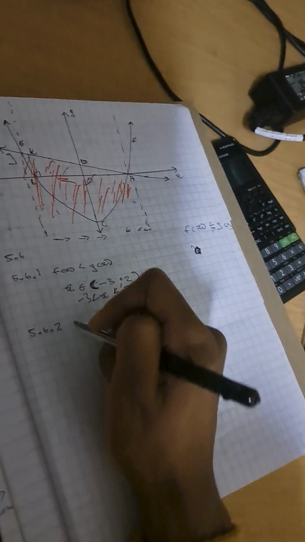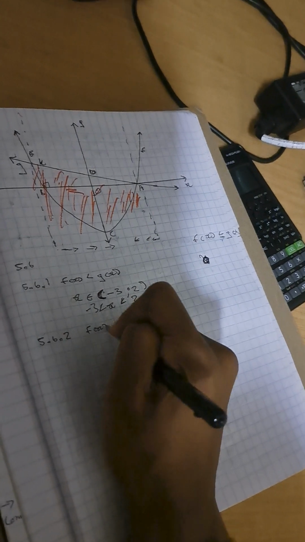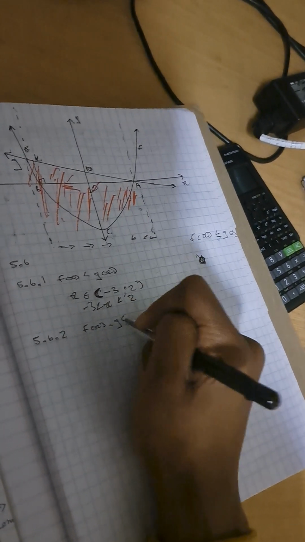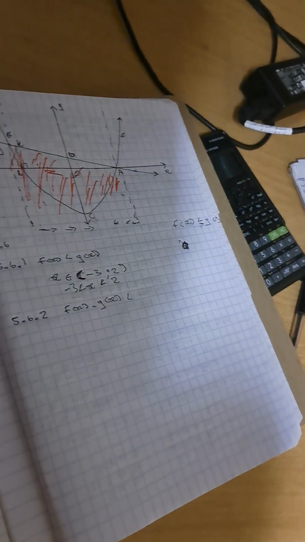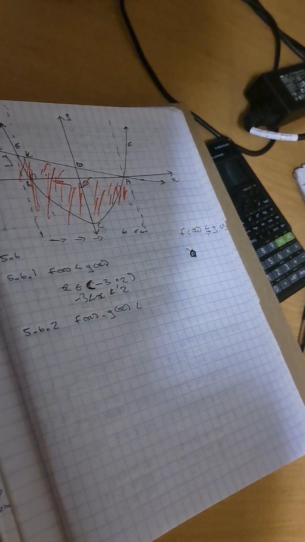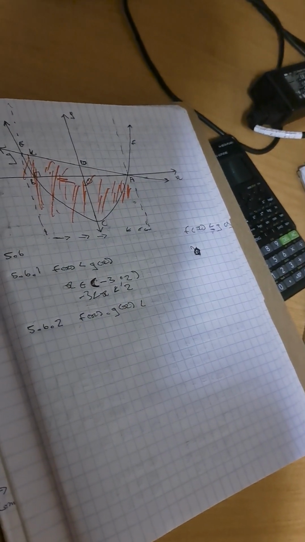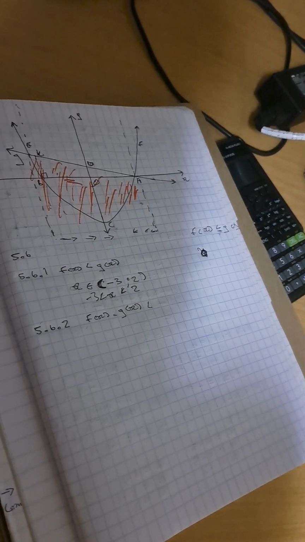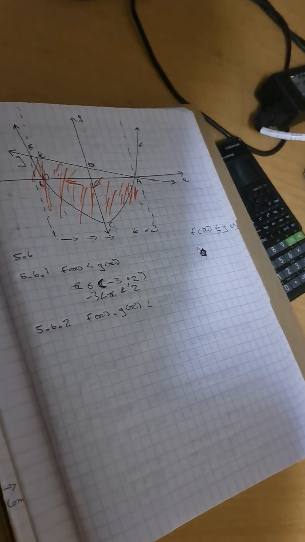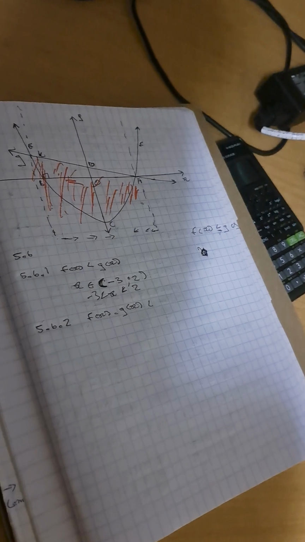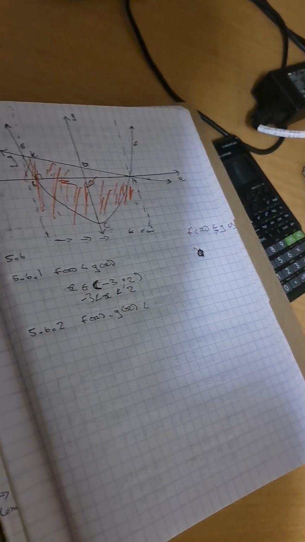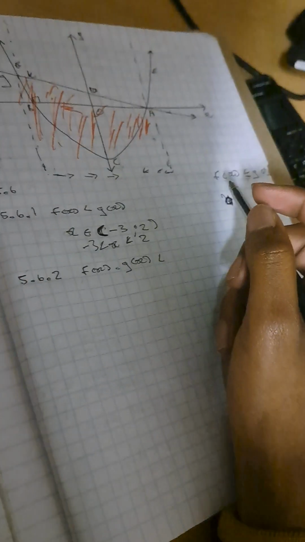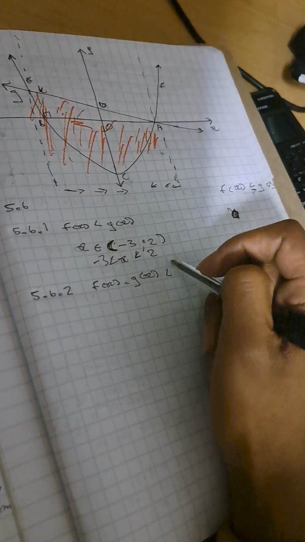So let's go to 6.2, right? So we want f of x multiplied by g of x less than, right? Yeah, I didn't see the question correctly there.